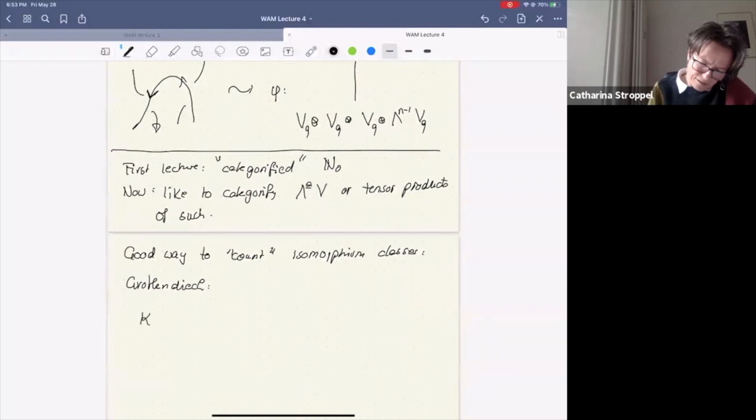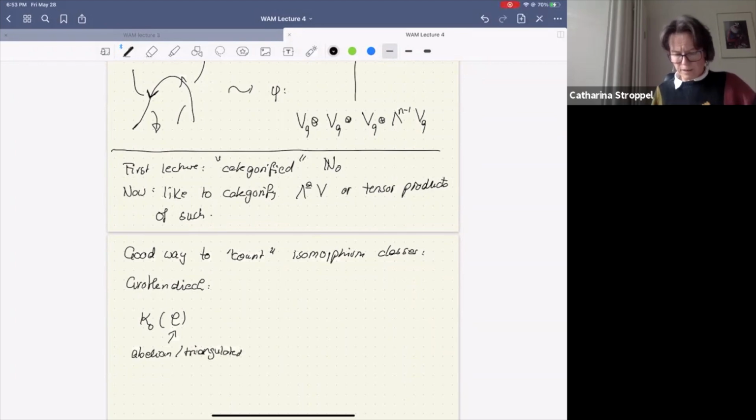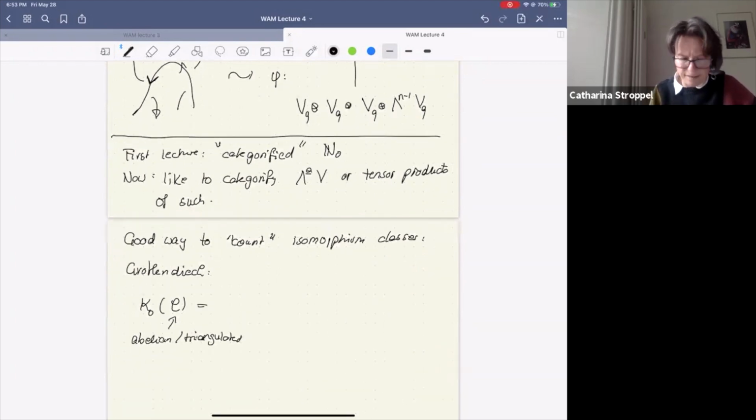So I have K0 of C. C is some category, which should be abelian or triangulated, if you know what that is. Abelian or triangulated just means I have a notion of short exact sequences or triangles. And then the Grothendieck group is nothing else than I take the objects in my category up to isomorphism, and then I take the free abelian group over this.